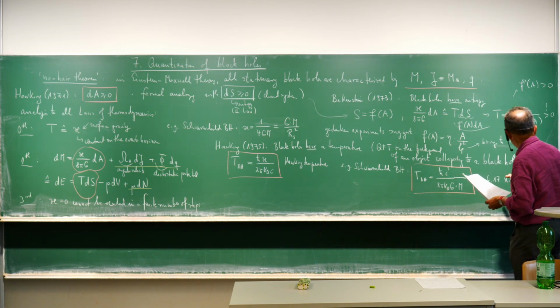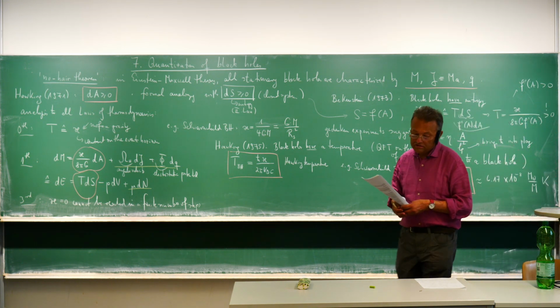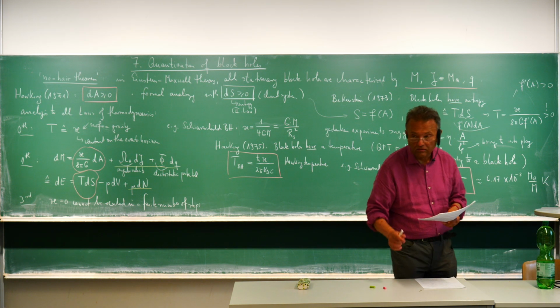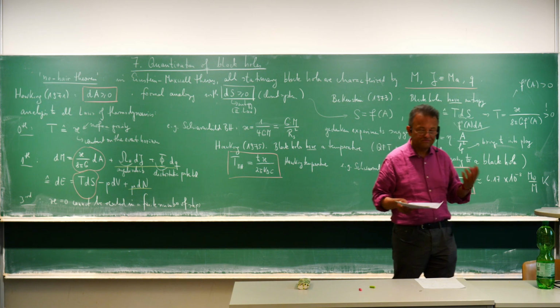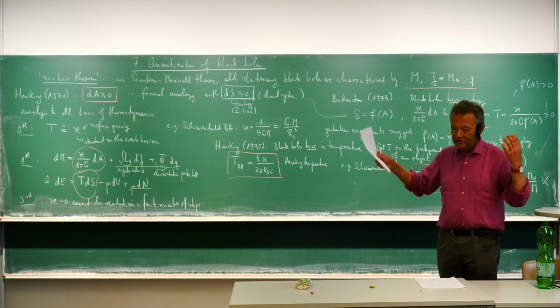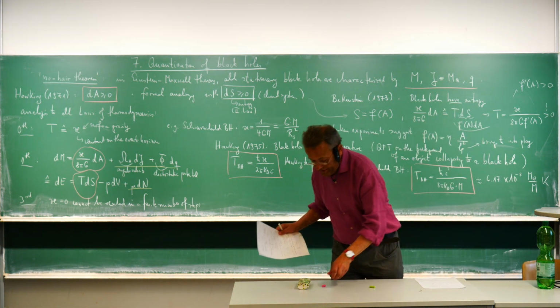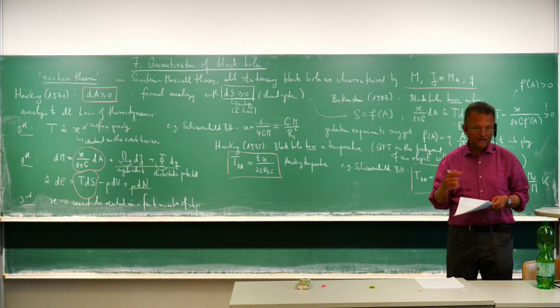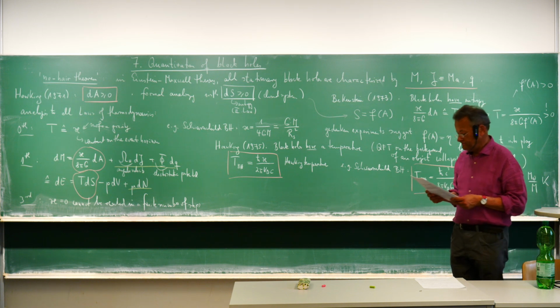If you have a collapse, then the resulting black hole has at least 3 or so solar masses.